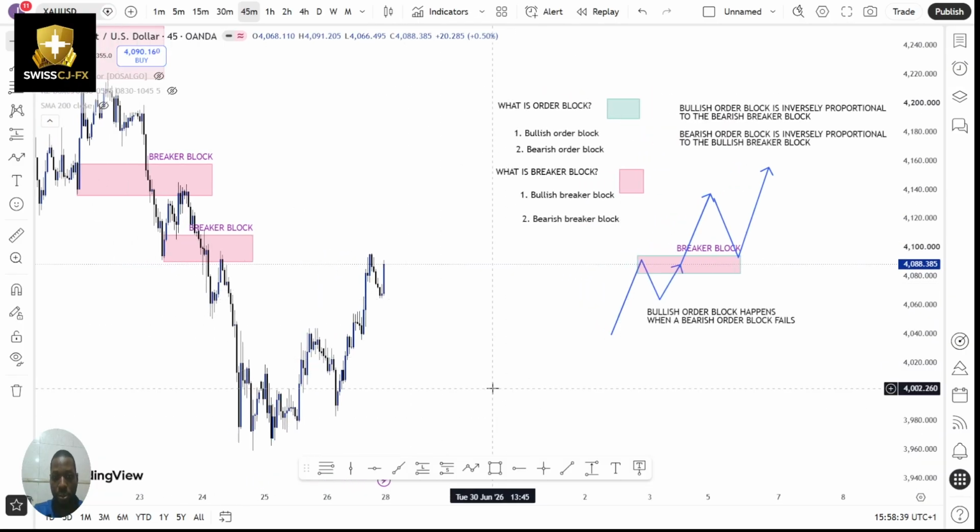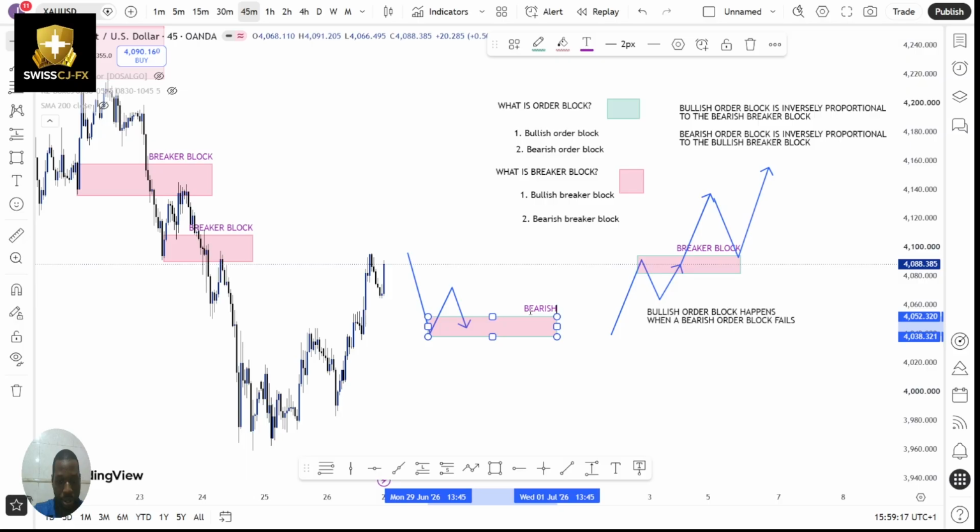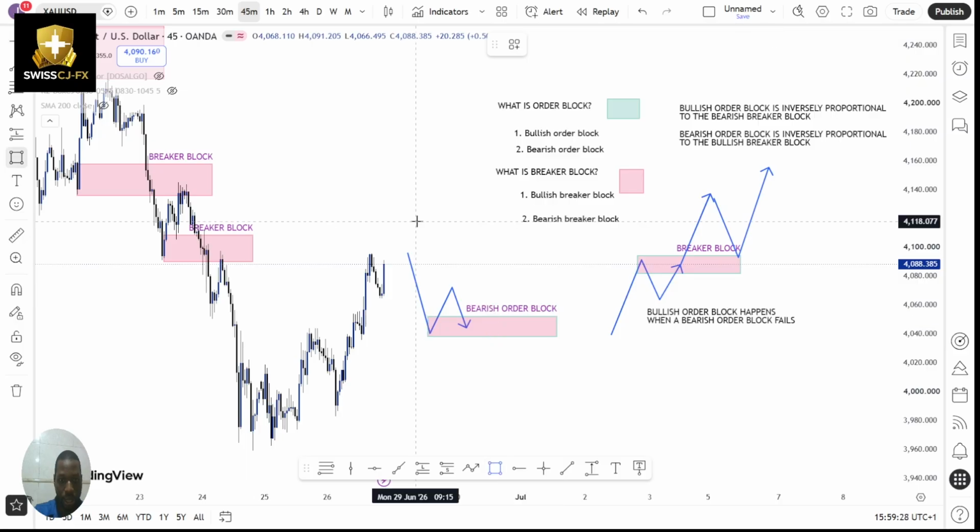Then if we now want to do the bearish breaker block, it goes like this. Price actually moves like this, then it's supposed to form a W pattern to hold price, because there is another block here that is stronger.